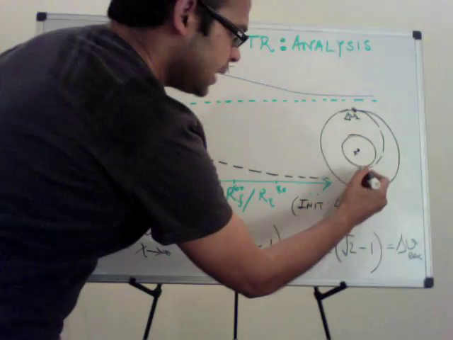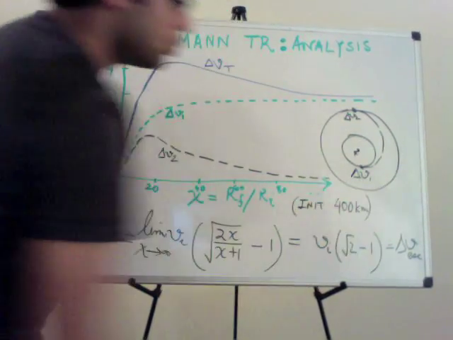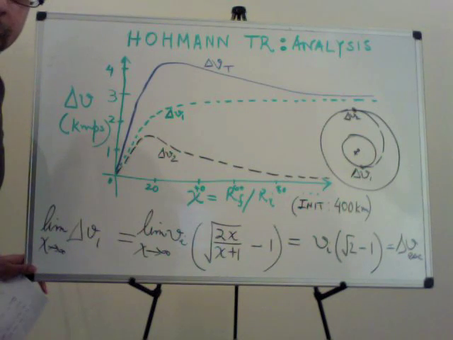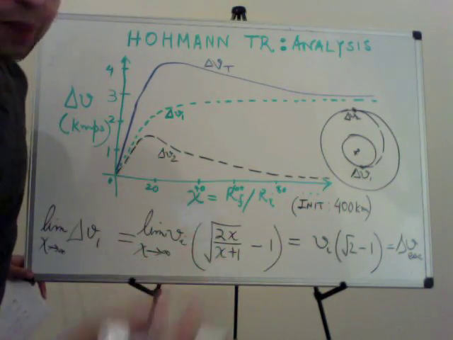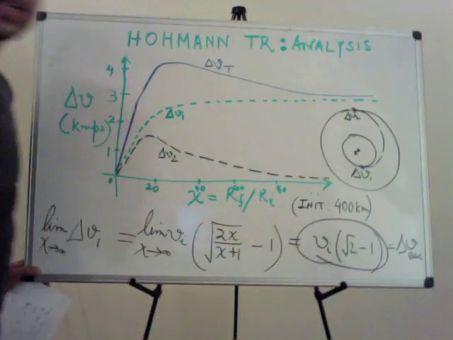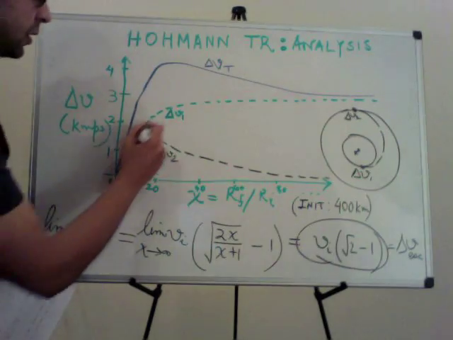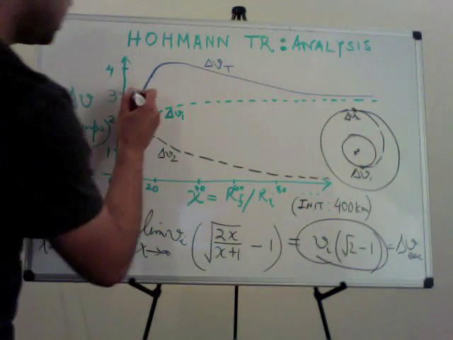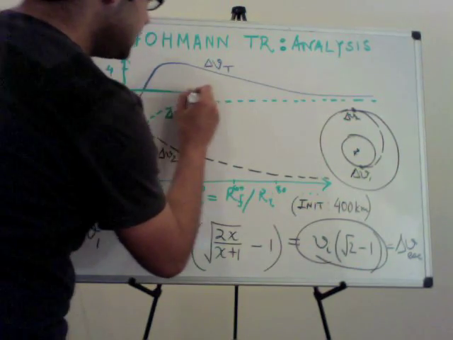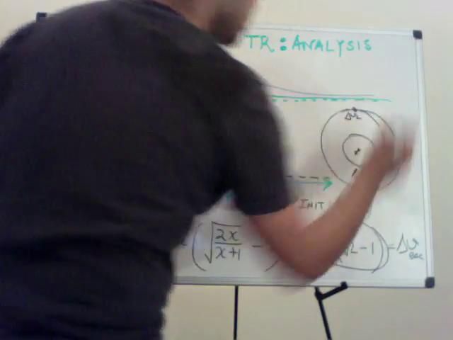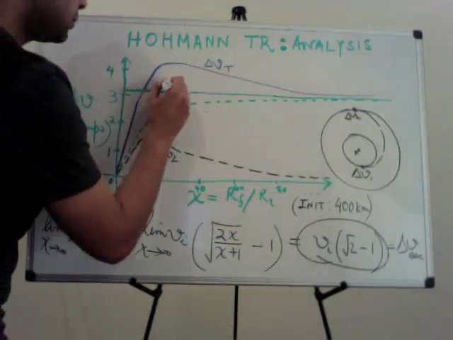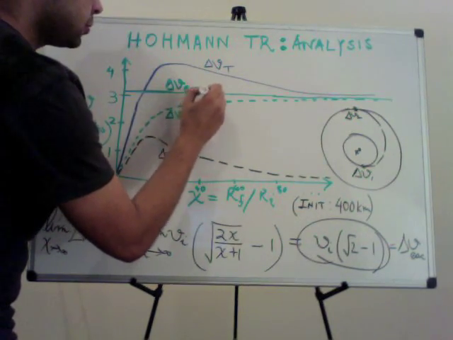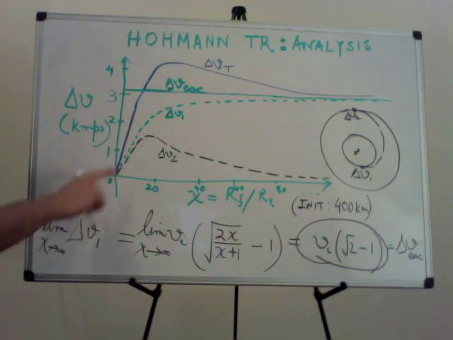So the delta V1 needed here to go from the initial orbit to the transfer orbit translates to delta V required to go from initial orbit to the escape parabola, and therefore we get delta V escape. Okay, and so this green curve flattens out and therefore we get the limiting value. This limiting value is delta V escape. Okay, so as chi goes to infinity, delta V1 goes to delta V escape.